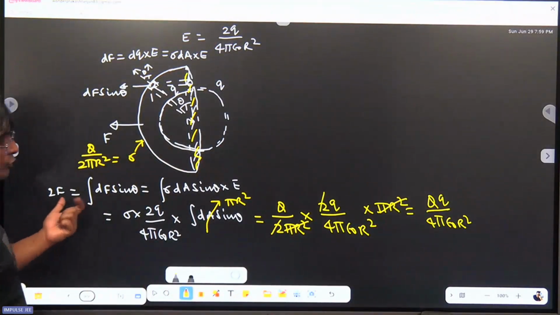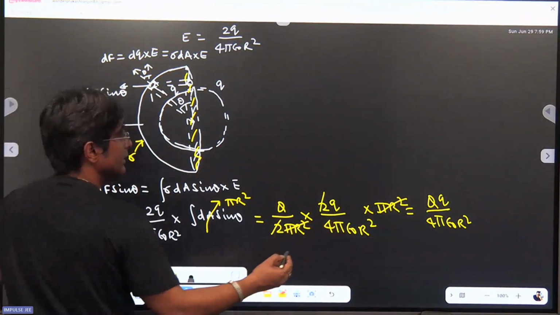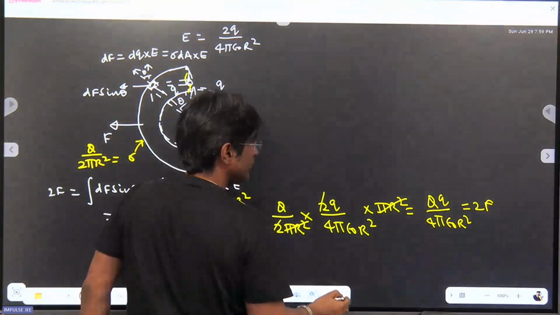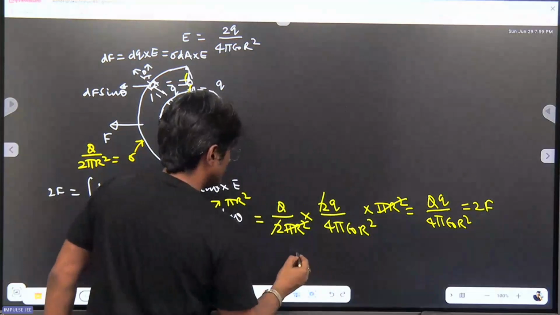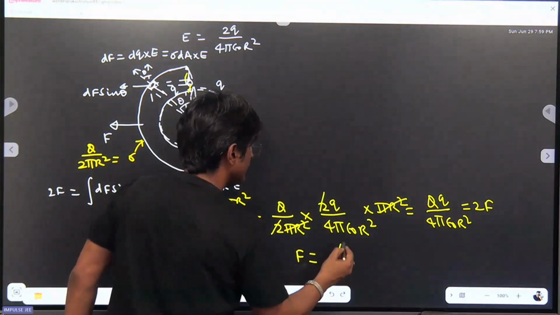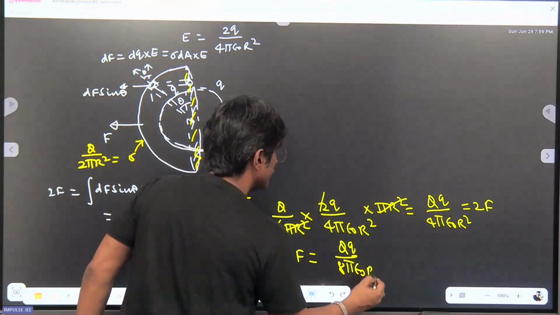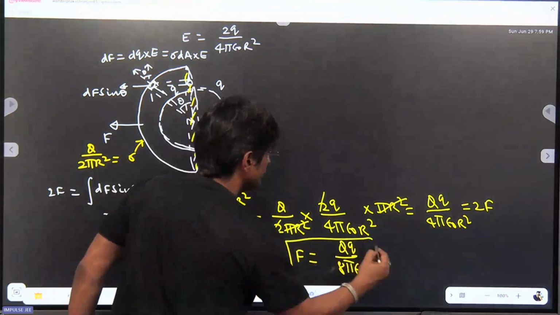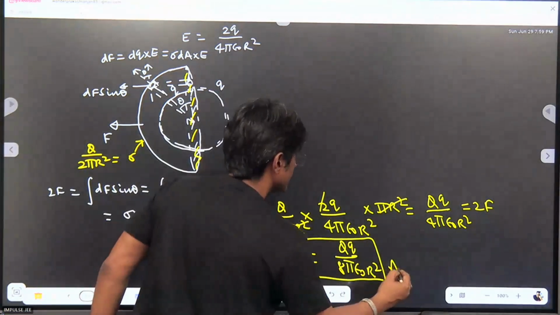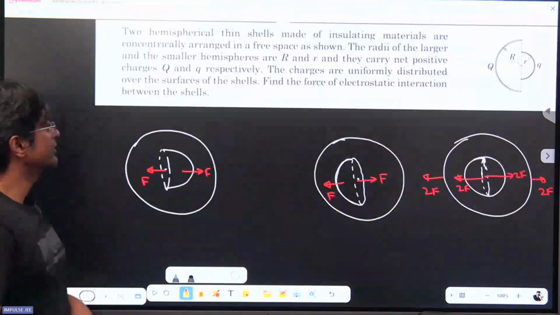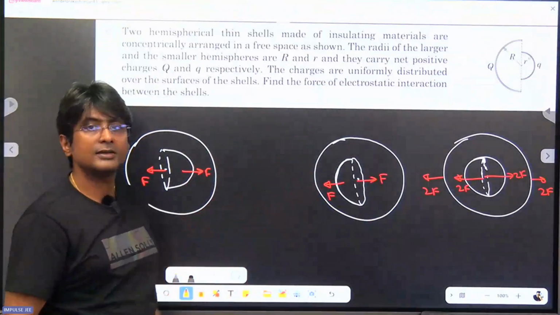We have 2F equal to this, so the F value would be Qq by 8 pi epsilon naught r square. This is the required result and this is the answer. You can solve this question on your own also by applying this concept.